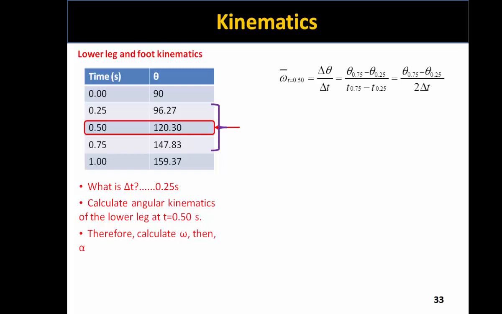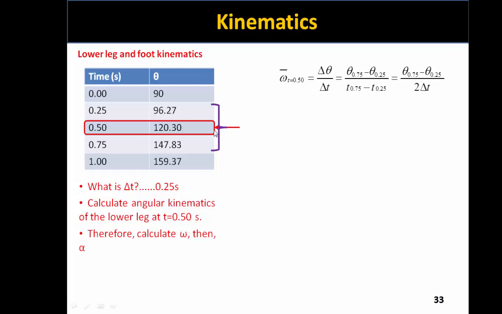Because we're dealing with a relatively wide time interval, it's still an average value, albeit over a very short period of time. But we want to calculate that angular velocity at t equals 0.5 seconds at this point.